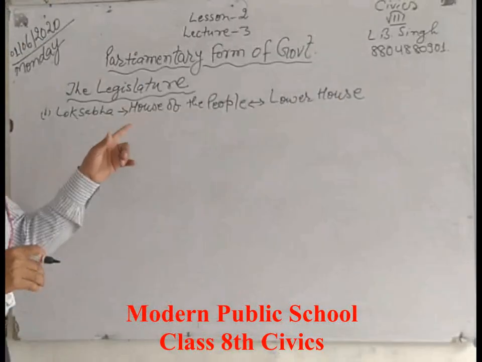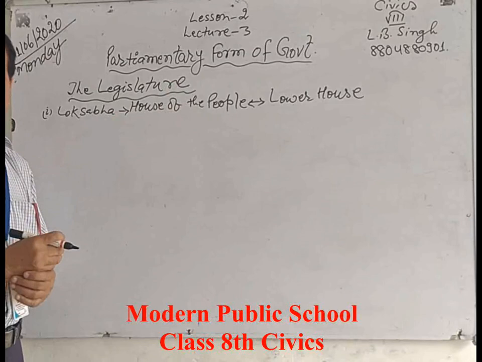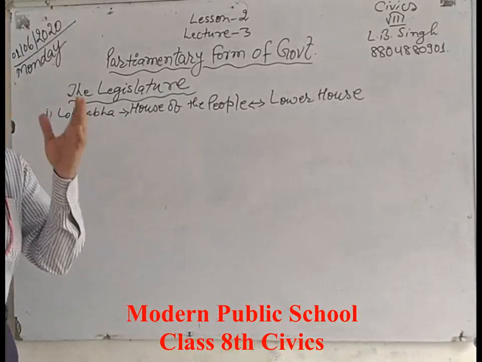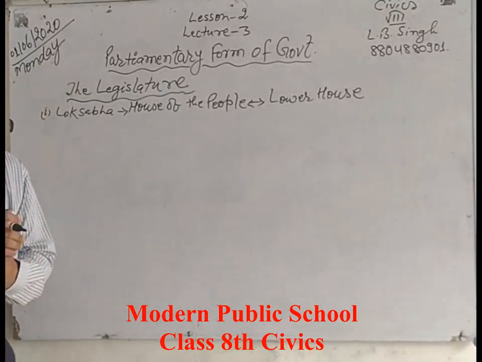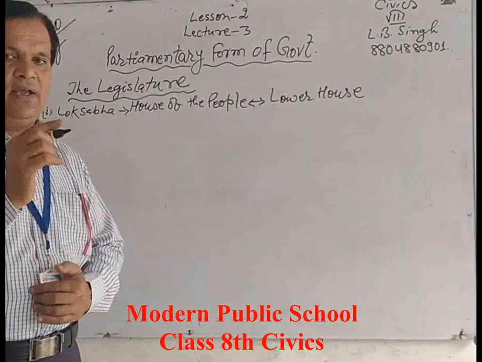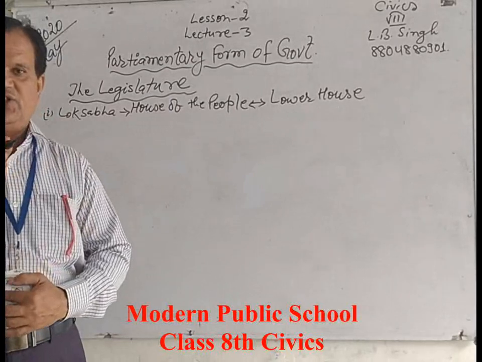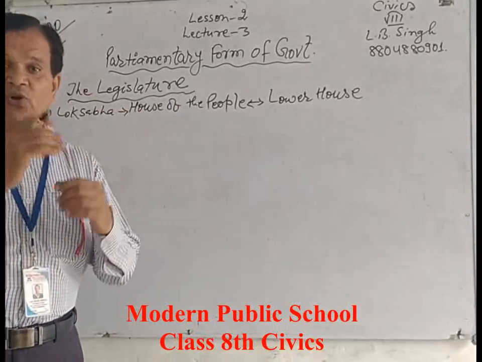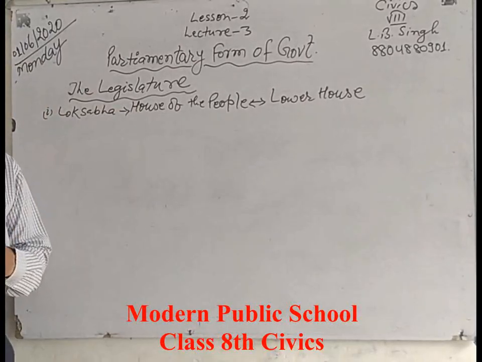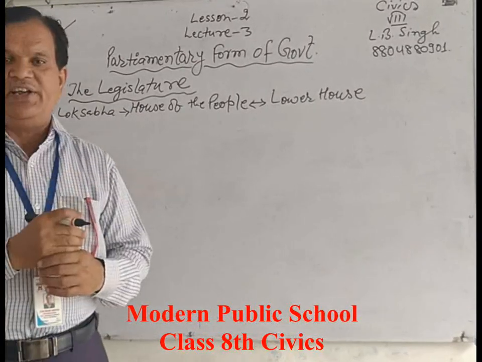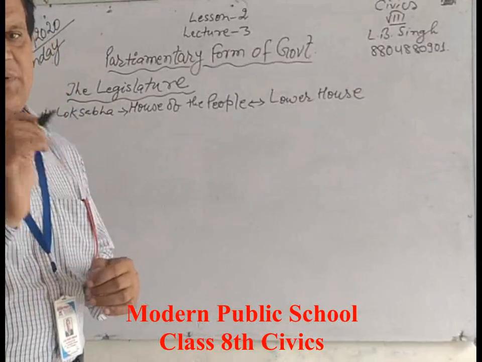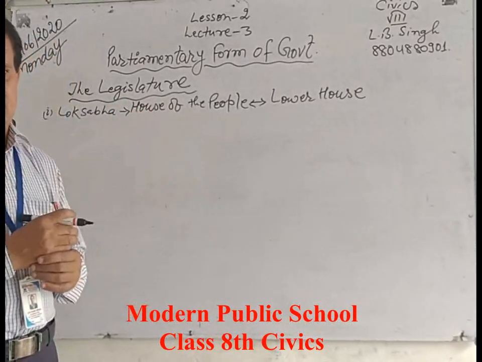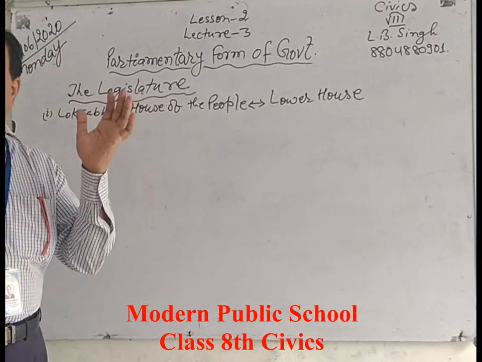So first of all, we have to study the Lok Sabha. Rules and regulations are made by the legislature, that means members of parliament. Do you know this thing? Members of parliament are elected directly by the people of India. That means there is an election.